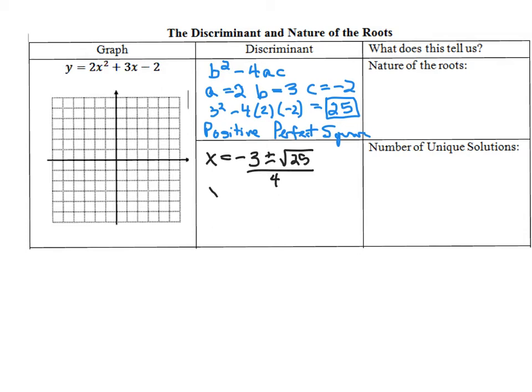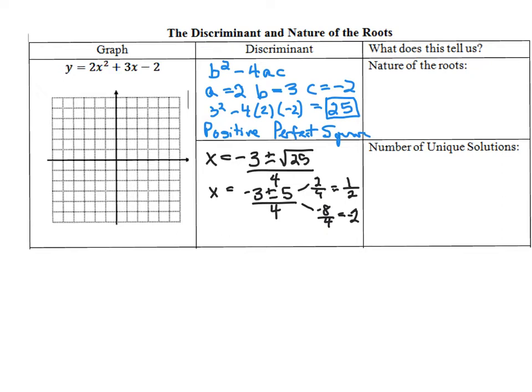Now, because I've got a perfect square, I'm getting x is equal to negative 3 plus or minus 5 over 4. This gives me two roots. Negative 3 plus 5 is 2 over 4, which reduces to 1/2. And negative 3 minus 5 is negative 8 over 4, which reduces to negative 2.